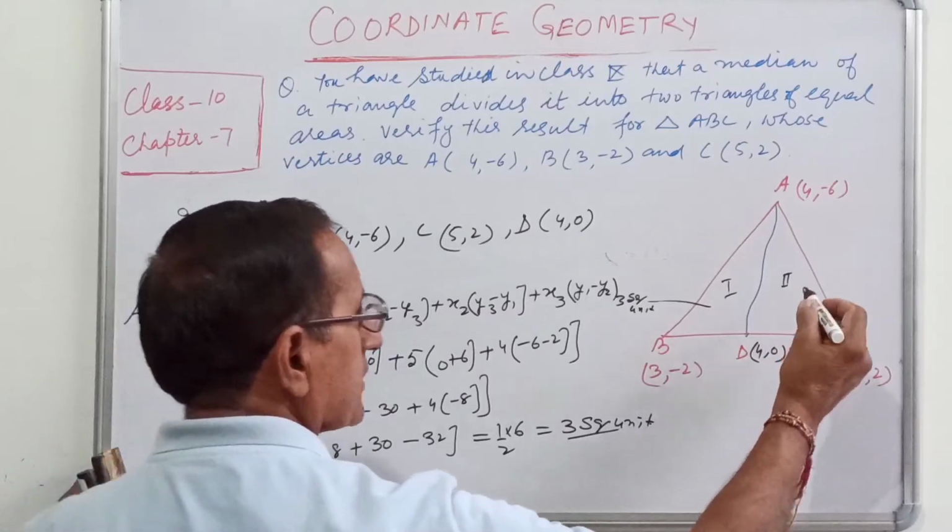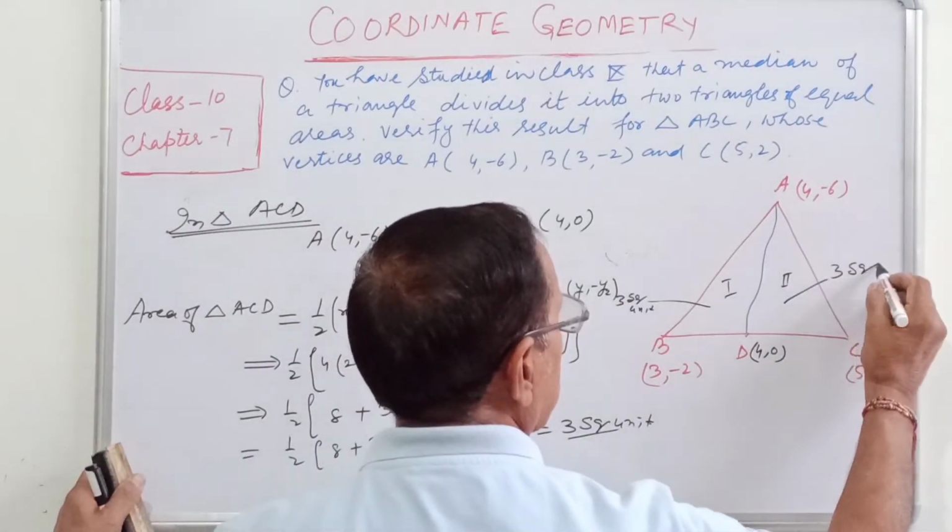So the area of this triangle is again 3 square units.